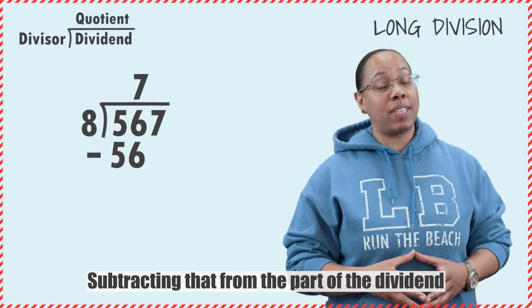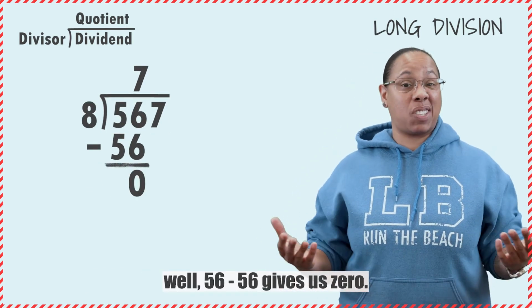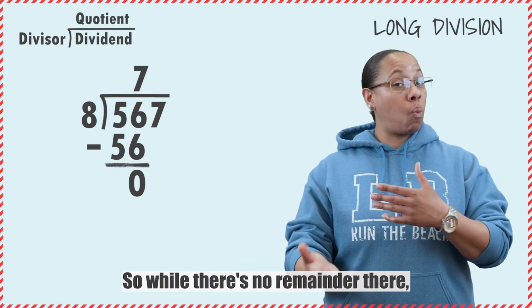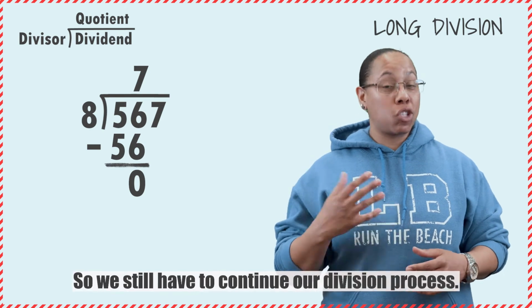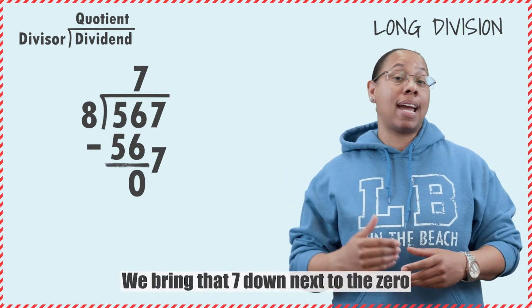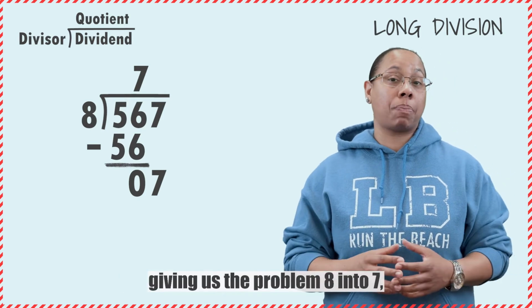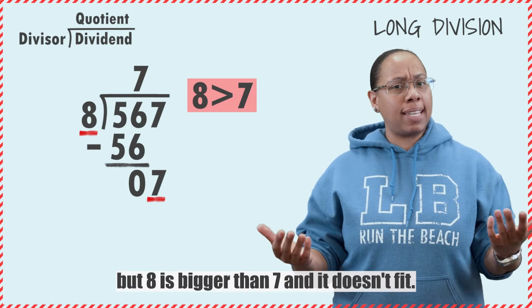Subtracting that from the part of the dividend that we were just dividing into, 56 minus 56 gives us 0. So while there's no remainder there, there's still another digit to be brought down, so we still have to continue our division process. We bring that 7 down next to the 0, giving us the problem 8 into 7. But 8 is bigger than 7 and it doesn't fit.